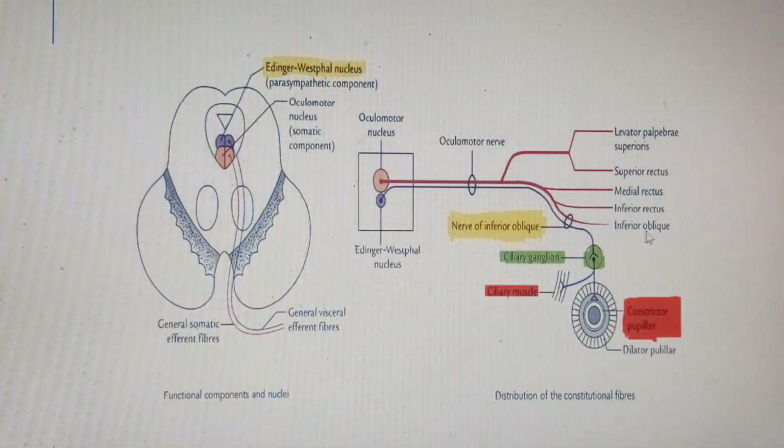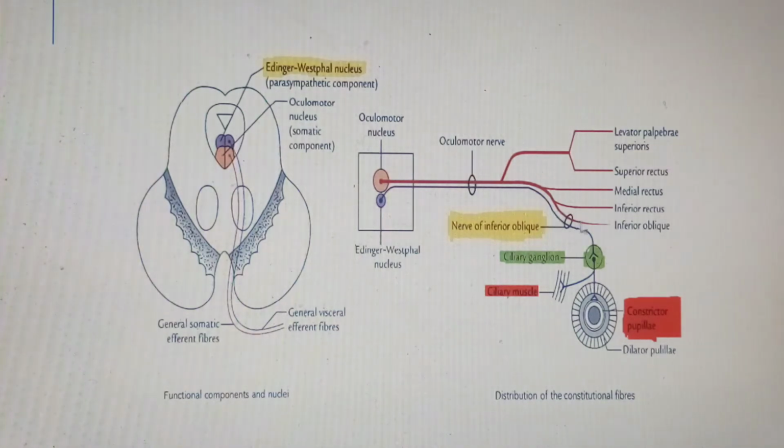So the nerve to the inferior oblique muscle is the nerve through which the fibers coming from the Edinger-Westphal will be running with it. You can see it's running with the main trunk of the oculomotor nerve. It goes to the lower division, but eventually it will be running with the nerve supplying the inferior oblique muscle. This one could also be a good question for you.